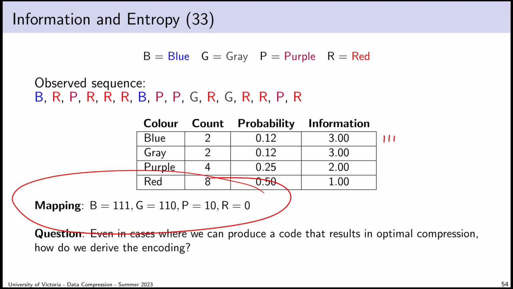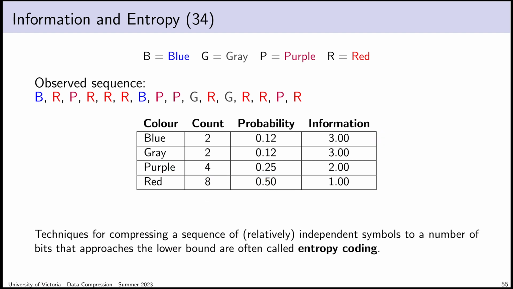The next 2 lectures will talk about a way of deriving an optimal encoding in the case where you use a separate bit sequence, so you encode each symbol as a separate sequence of bits. That's going to be something called prefix coding, and a specific version of prefix coding called Huffman coding.